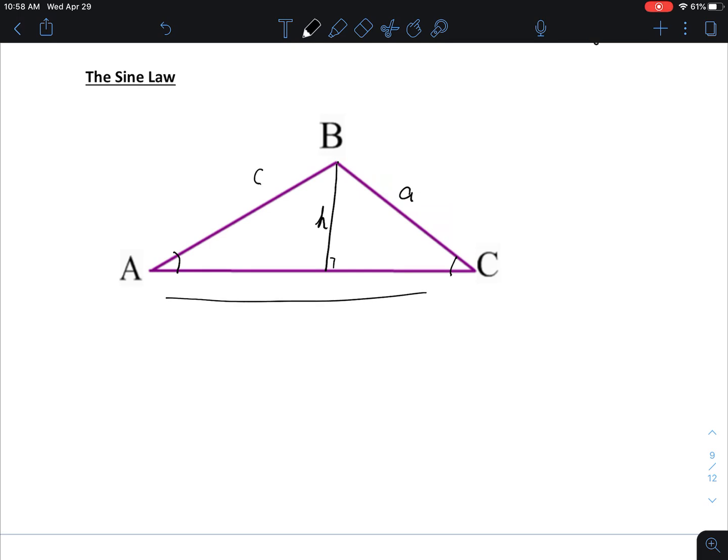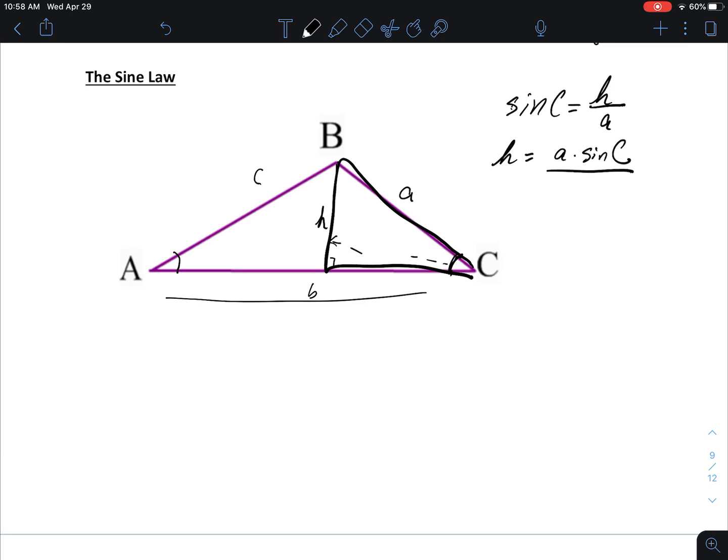So if this is angle A, this is side A. If this is angle C, this is side C. And this whole side over here is side B. So what I'm going to do is describe the sine of C. Well, the sine of C would be its opposite over the hypotenuse of this triangle here, A. And so I could say that that height is equal to A times sine C.